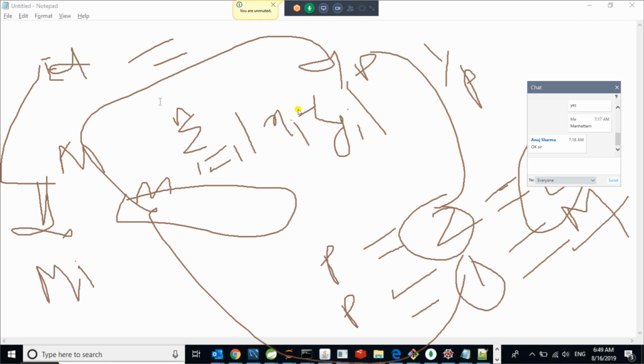Why are we using sigma? Yes, you are right, so i equals 1 to n. So for the first value, let's suppose I start with 1, what will be the formula?